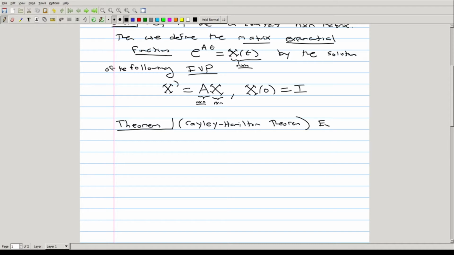Every constant n by n matrix satisfies its characteristic equation.